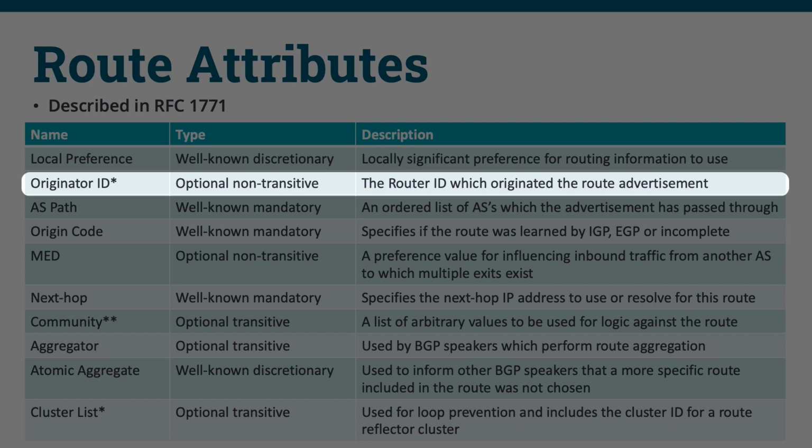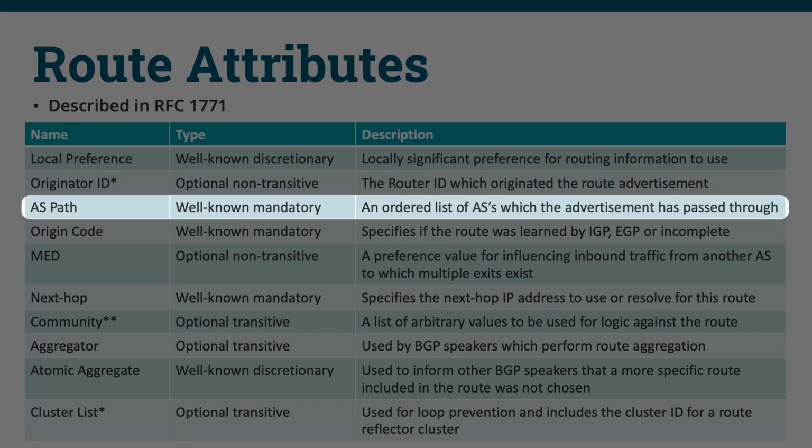If a router receives a route with its own ID populated in the originator ID attribute, then the route will be ignored or dropped. This is an optional attribute, and therefore not all vendor implementations must support it, and it is non-transitive as it's only used in iBGP environments.